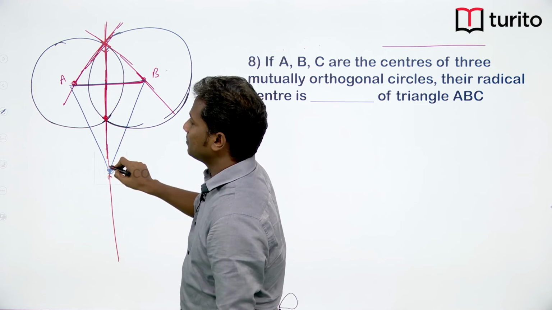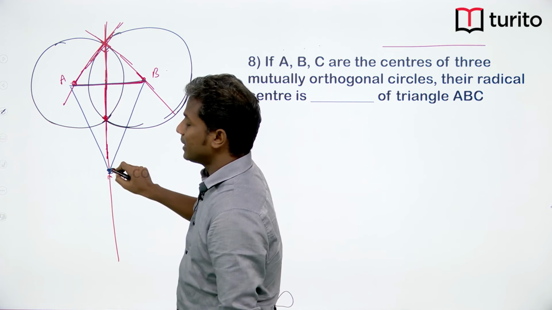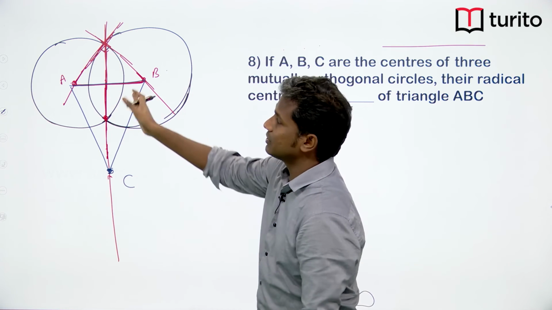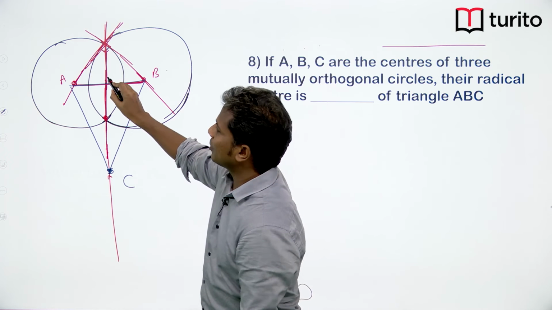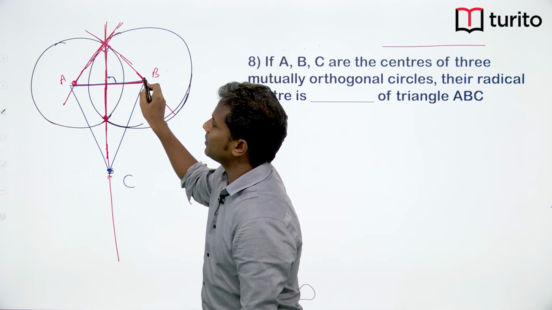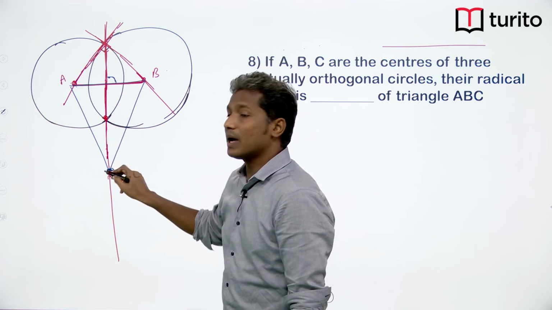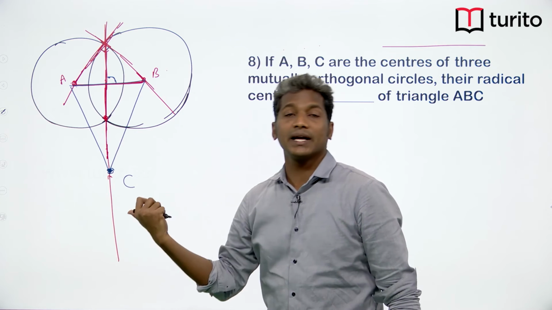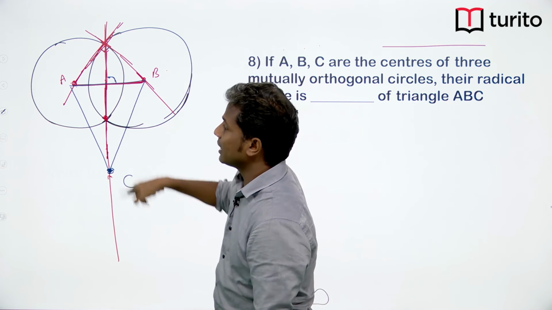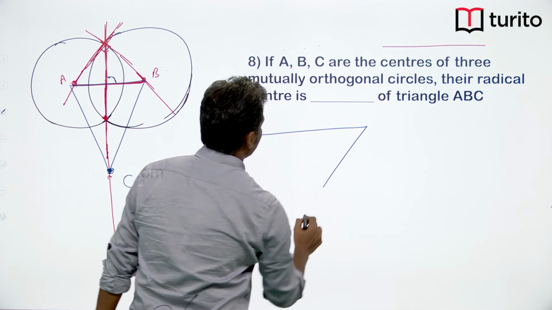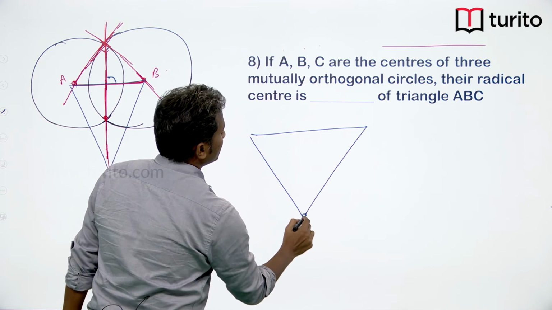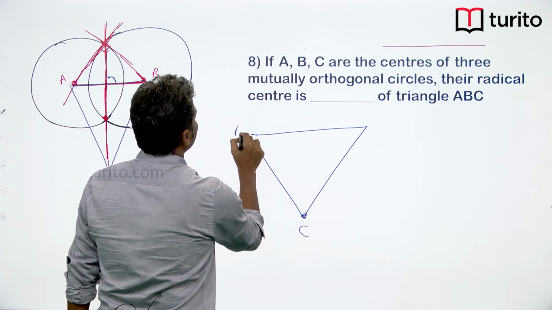now by taking C as the center I am drawing another circle which is orthogonal to these two, which will confirm that this radical axis, which is already perpendicular to AB, is also passing through the third vertex of the triangle, which makes this radical axis an altitude. For example, if I take this triangle, then the point C is one vertex.